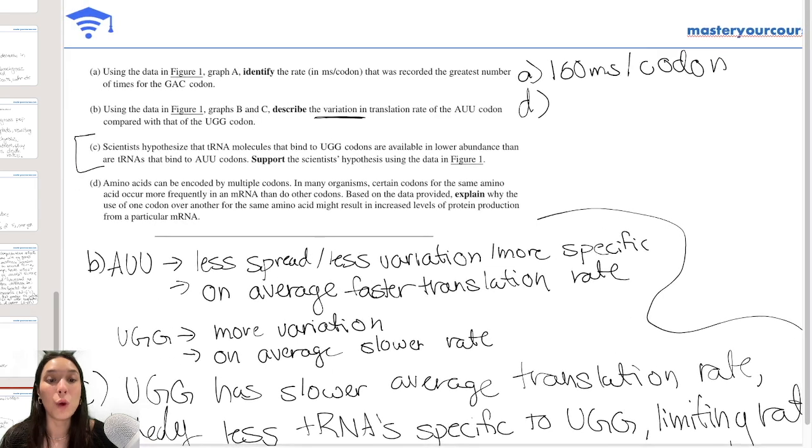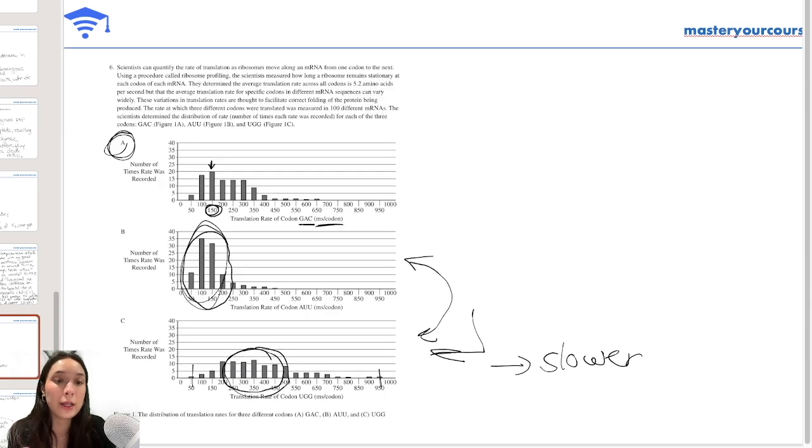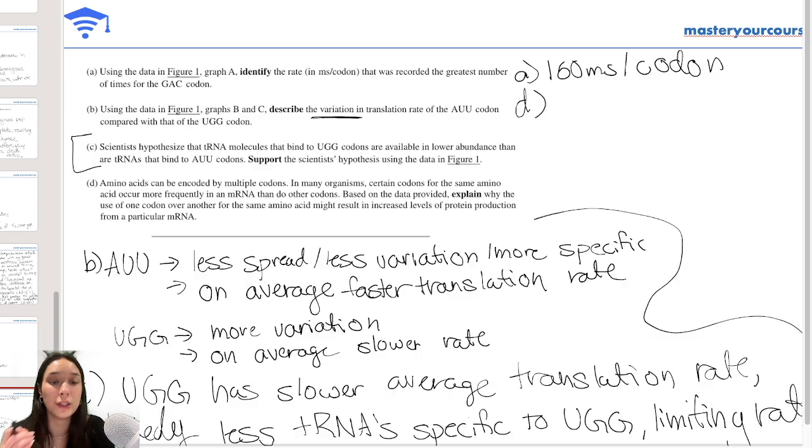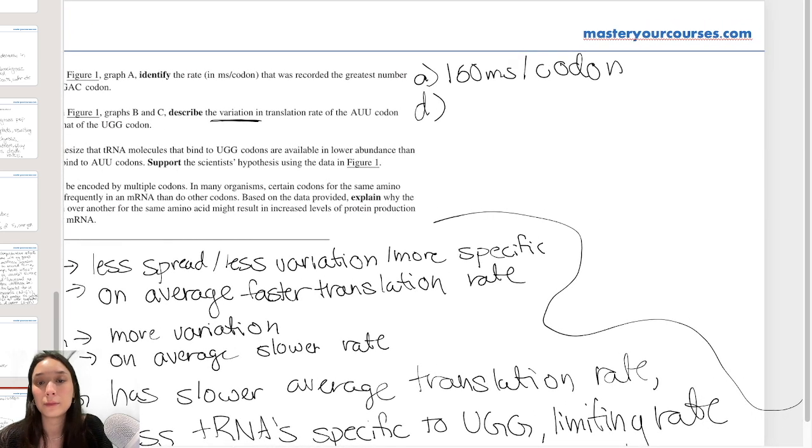Explain why the use of one codon over another for the same amino acid would result in increased levels of protein production. Okay, so I would say that for this one, we can clearly see that just based on these 3 graphs, codons have different rates of translation. Okay, so codons tend to have different rates of translation.